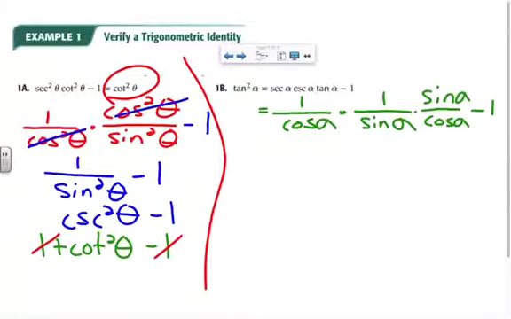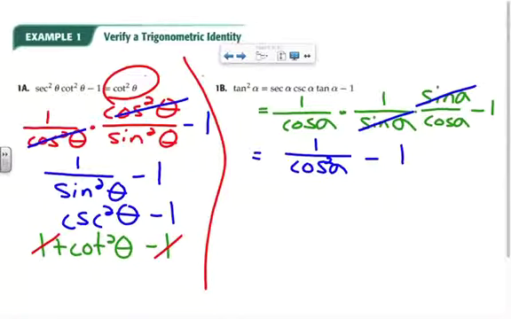Right away, hopefully you see this cross-reducing I can do, and then I simplify, and I have 1 over the cosine of alpha minus 1. Well, that's cosine squared of alpha, excuse me.